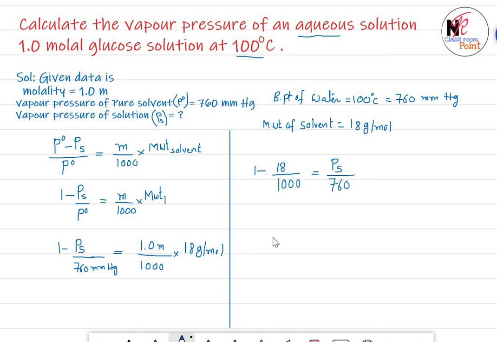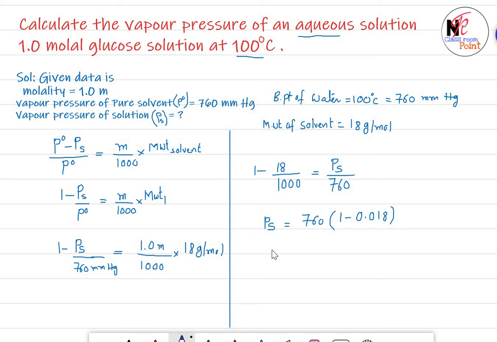Now we can write the vapor pressure of solution equals 760 into 1 minus this value. Because 1000 is in the denominator, it becomes 0.018.